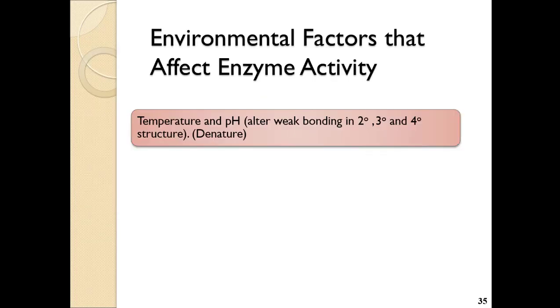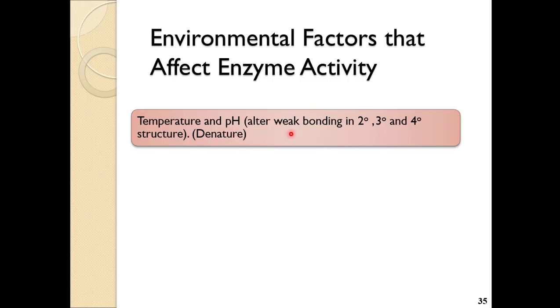So now let's take a look at other influencers on enzyme activity. And there are a number of things that can influence enzyme activity, and the reason why I'm spending all this time on enzymes, by the way, is because they're extremely important in physiology and biochemistry. So here you can see that enzyme activity is affected by temperature and pH. So these are two of the biggest factors that will affect enzymes. Temperatures that are too high will denature an enzyme. So denaturing means unraveling.